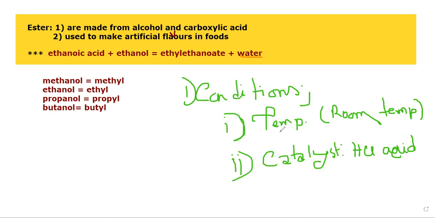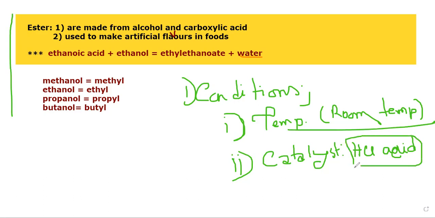So, condition number one is we have to carry out this procedure at room temperature. And condition number two is we have to keep a strong acid, that is HCl acid, that will speed up or boost up the reaction.